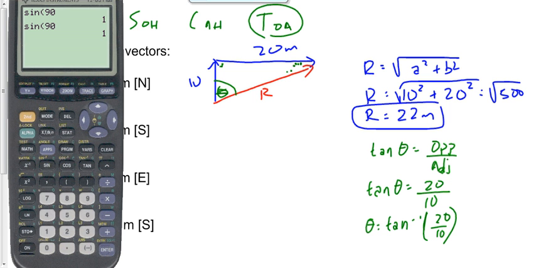Now it should equal 1. When you're in degree mode, here's how we're going to calculate theta. We're going to say second function, tan. That's the yellow button, tan, or for some of you, it's the blue button, tan. Equals 20 divided by 10, end the bracket there, and it ends up being 63 degrees.